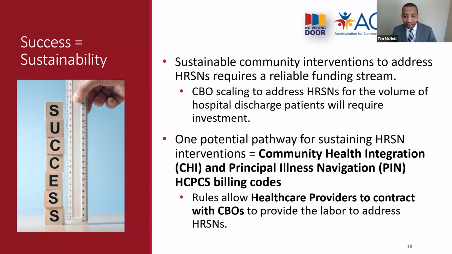Because if we begin identifying large volumes of persons who have social needs that need to be addressed as part of the discharge planning process, there needs to be a pathway for sustainability for the community-based organizations that are going to be working in partnership with hospitals to address the identified needs. So that's really important in order to support scaling, as community-based organizations will have to scale to meet the volume of needs identified as we move to this instance where there's broad screening.